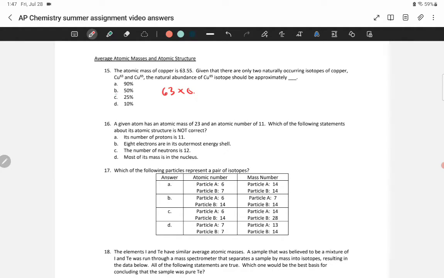I was guessing and checking. If I was going to do the math, I would guess and check. And I'm going to go to this answer 25 because that is the answer. That means that 25% is the isotope 65.